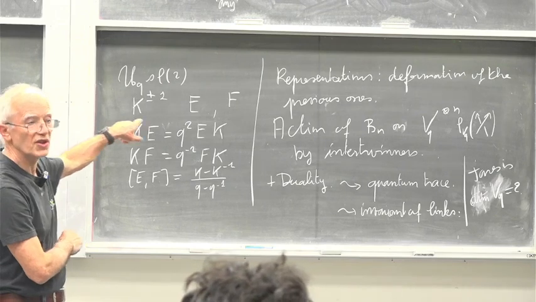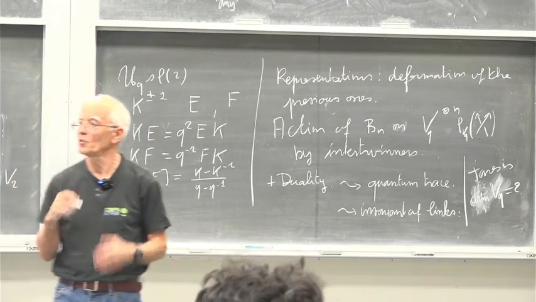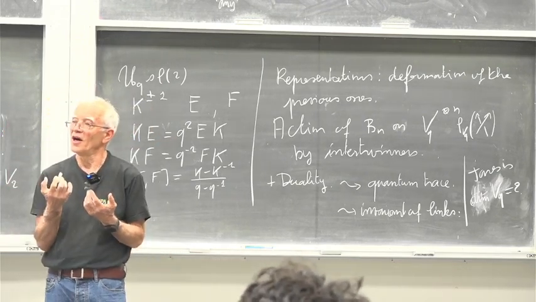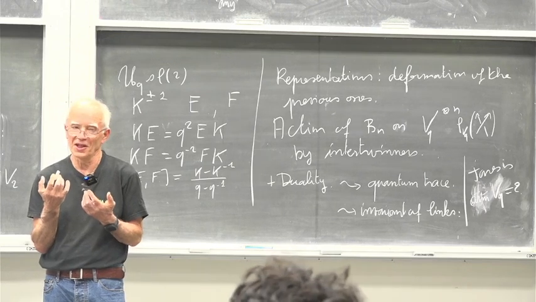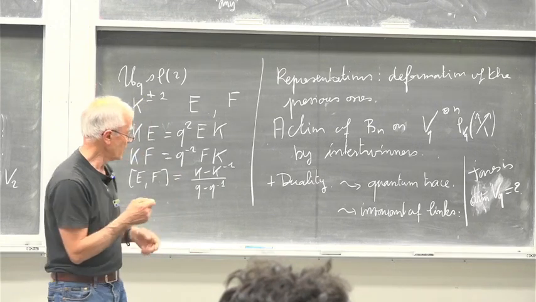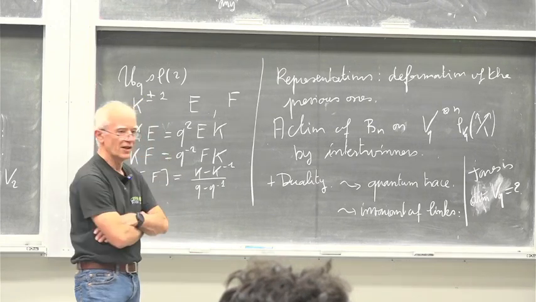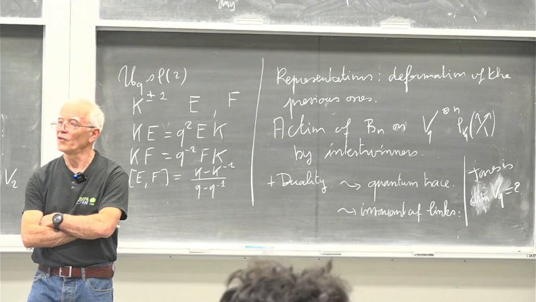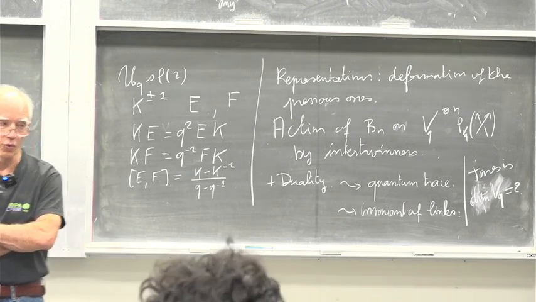So there is a universal element in the quantum group, which gives you, it's a really very clever idea of Drinfeld, that this comes for free once you are over the quantum group.